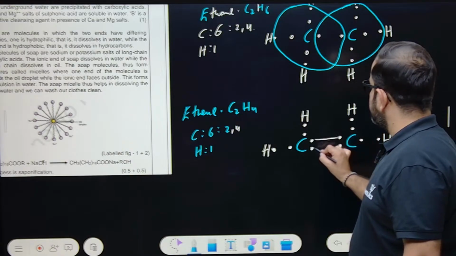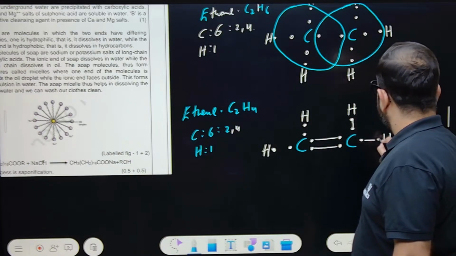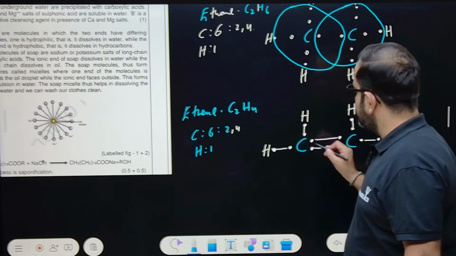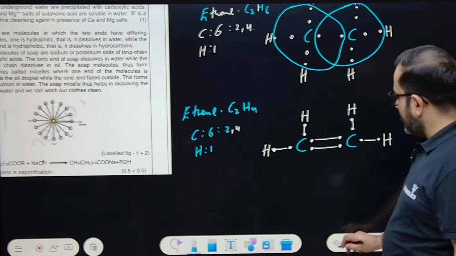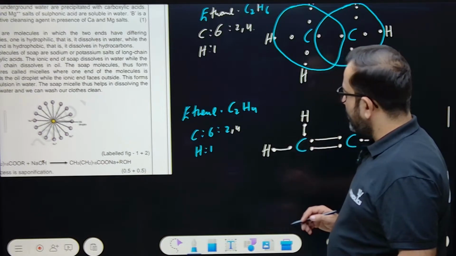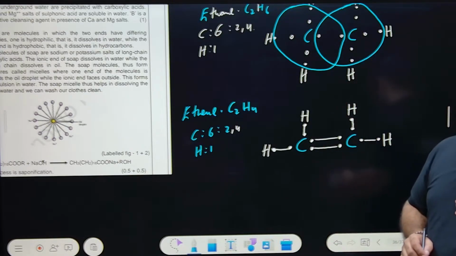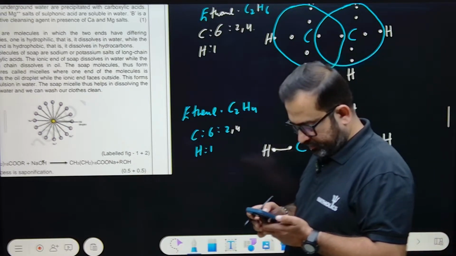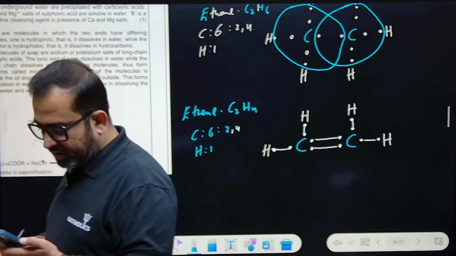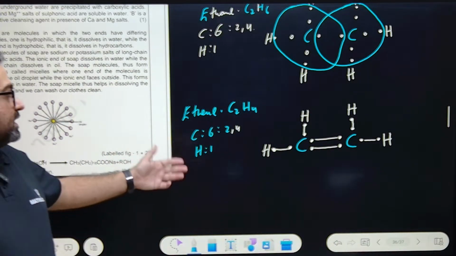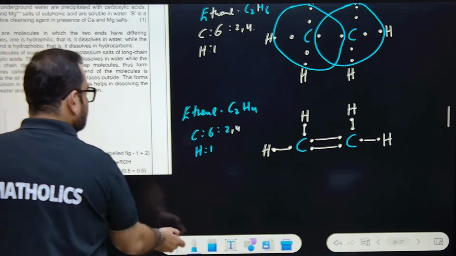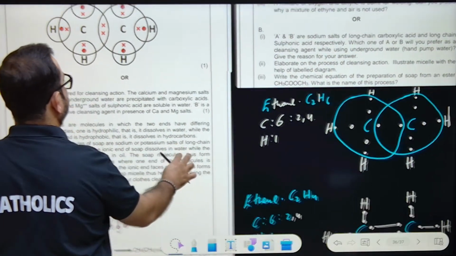You can make it like this. Bonding will be like this. Got the point? This is how the bonding occurs in ethene. Sorted, yes or no? You can draw this diagram for reference also. So this was the first diagram.